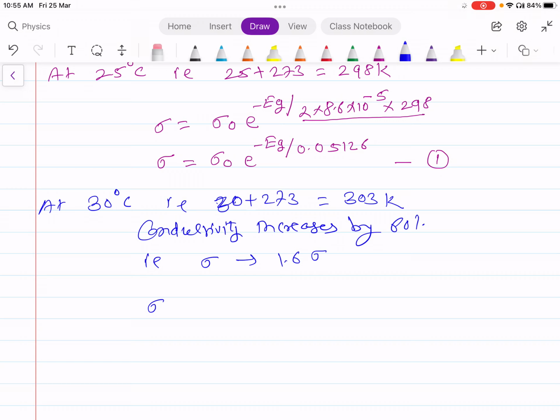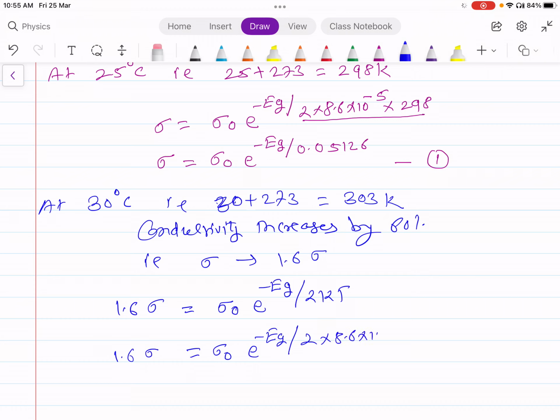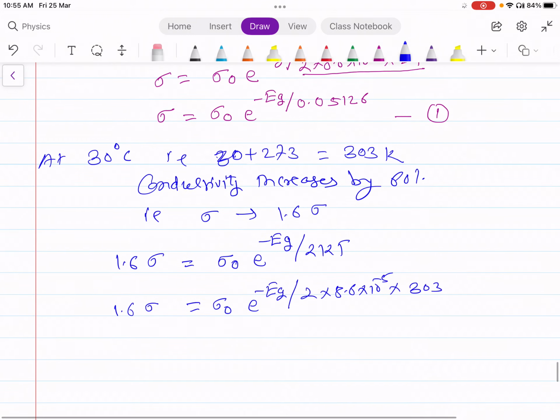So 1.6 sigma equals sigma naught e raised to minus of Eg upon 2 into 8.6 into 10 raised to minus 5 into temperature, in this case 303 Kelvin.